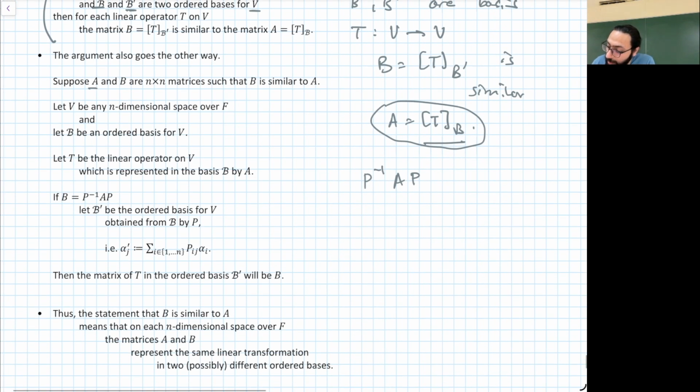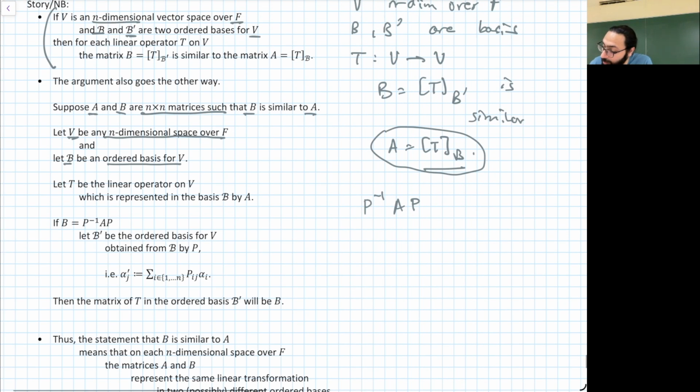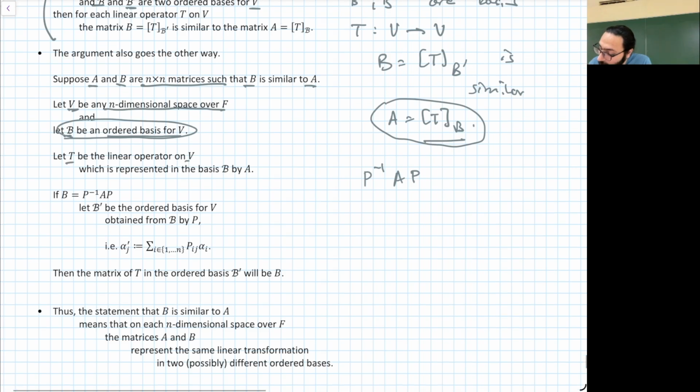It says, suppose A and B are n by n matrices such that B is similar to A. Let V be any n-dimensional space over F, and let B be an ordered basis for V. This is precisely the same premise we had, but with only one basis. Let T be the linear operator on V which is represented in the basis B by A. So we have some basis and some T, and B is related to A by a similarity transformation.